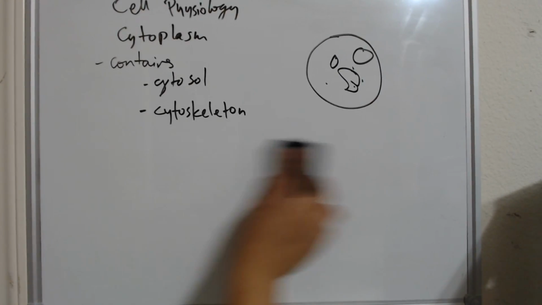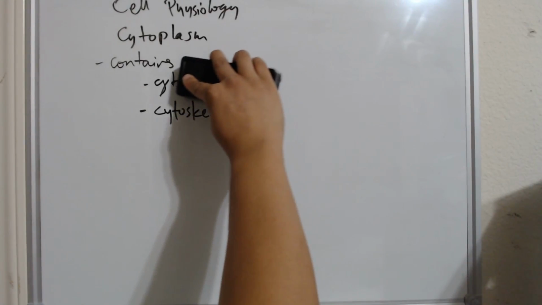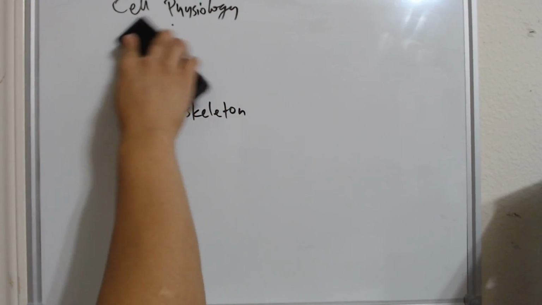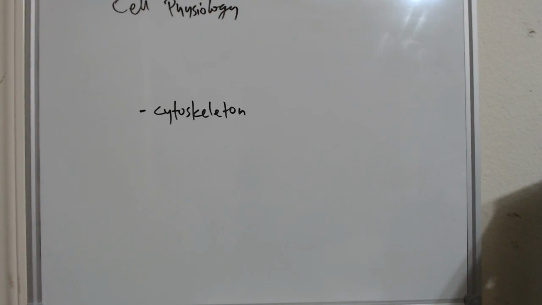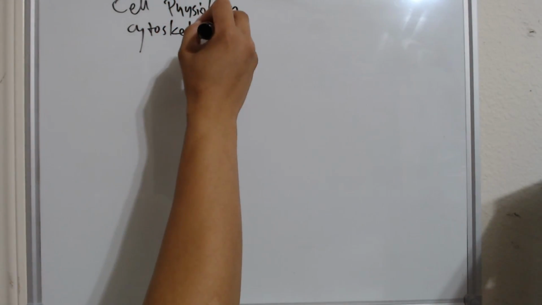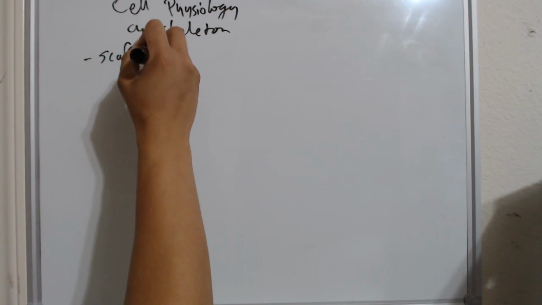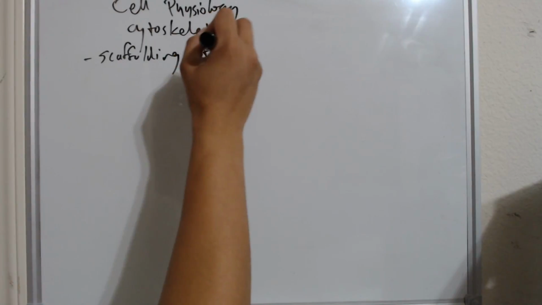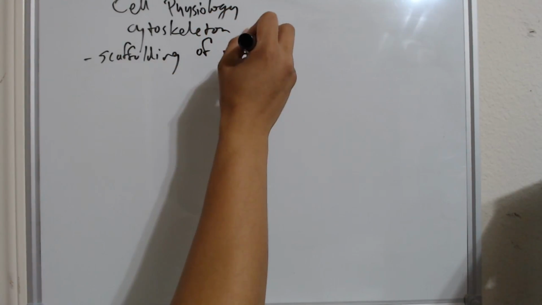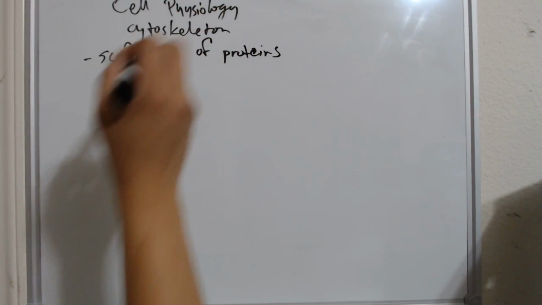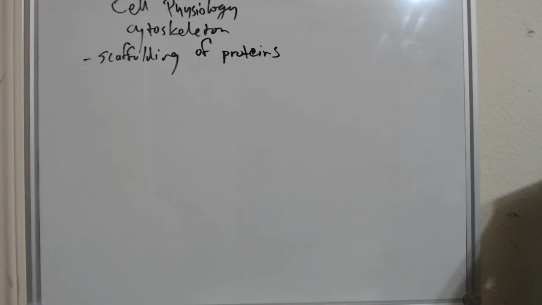So regarding the cytoskeleton, the cytoskeleton is a scaffolding of proteins. This means that there are a lot of proteins in the cytoskeleton to keep the cell structure.